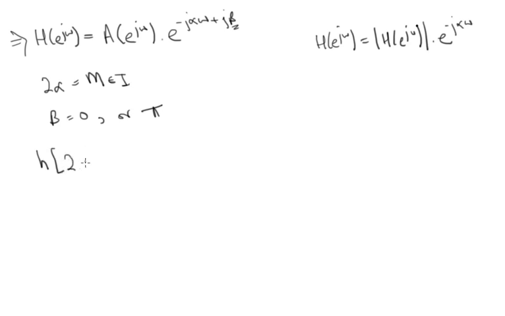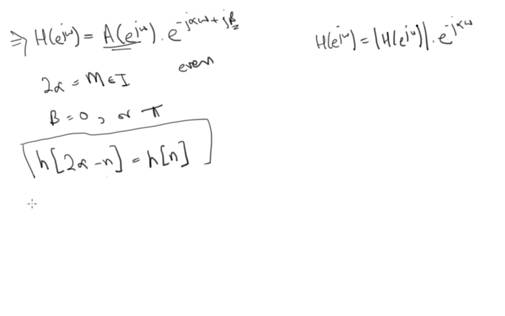That means h of 2 alpha minus n is equal to h of n. Then this a of e raised to power j omega will be an even and real function of omega. This is even symmetry.